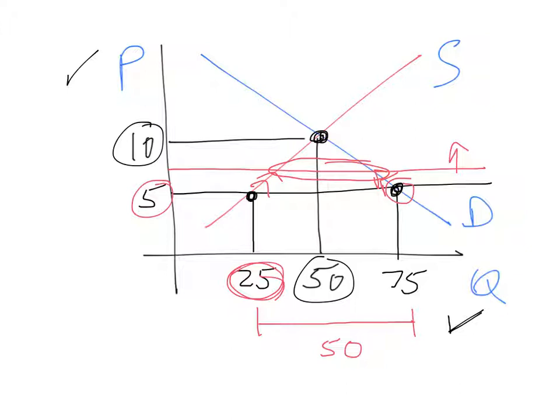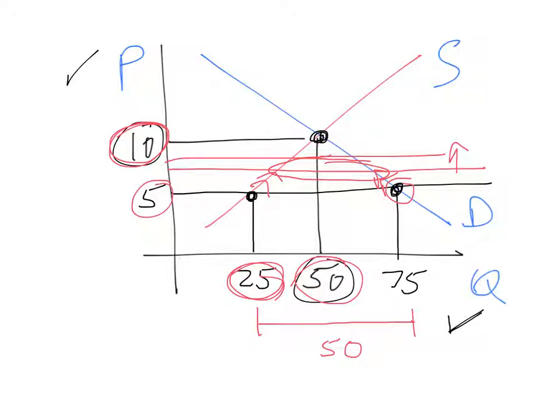We think the upward pressure on the price will continue until we get to the point where there is no more excess demand. That is to say, when we get to the point of a price of 10 and the number of rides exchanging between buyers and sellers equal to 50.